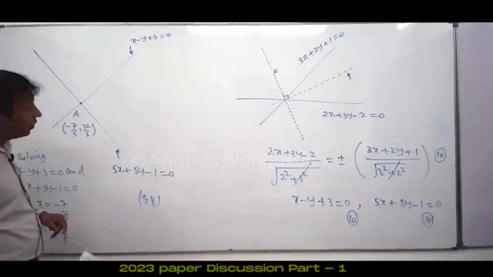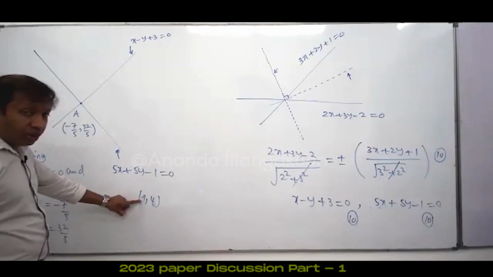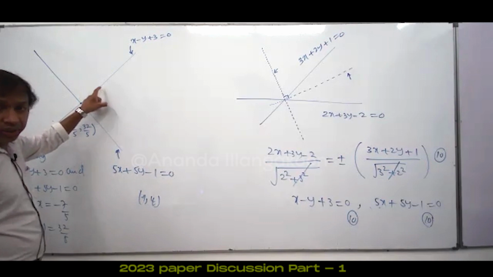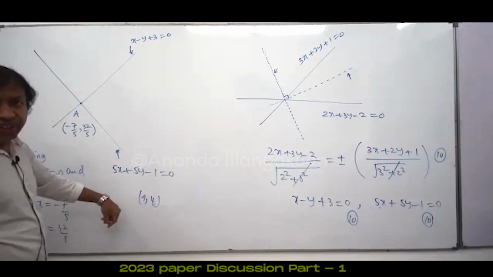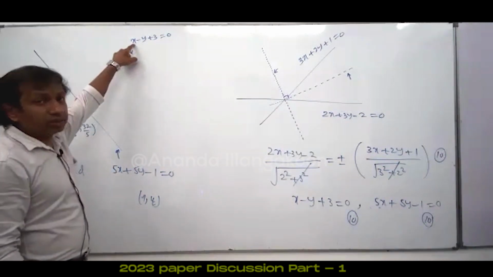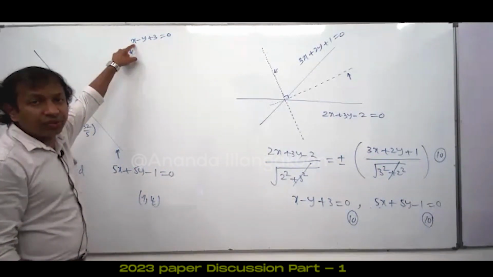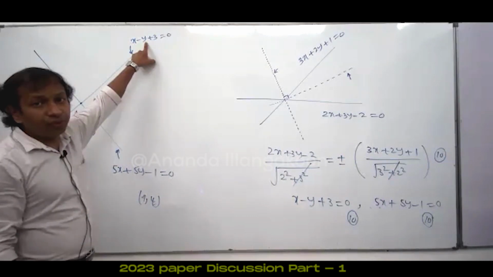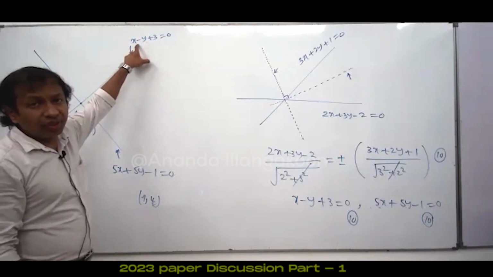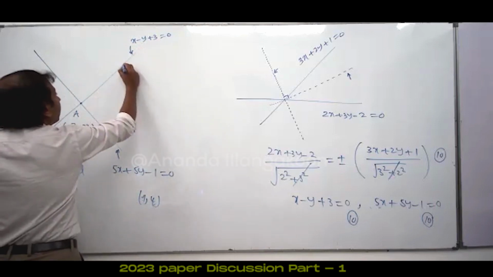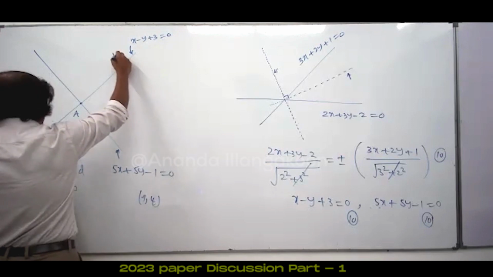You have to see if this point 1, 4 lies on this line or this line. Definitely this 1, 4 coordinate should satisfy that equation. Why? 1, 4 satisfies this. Put x equals 1, y equals 4: 1 minus 4 plus 3, 0. So therefore the point 1, 4 should be on this. This is one vertex, 1, 4.